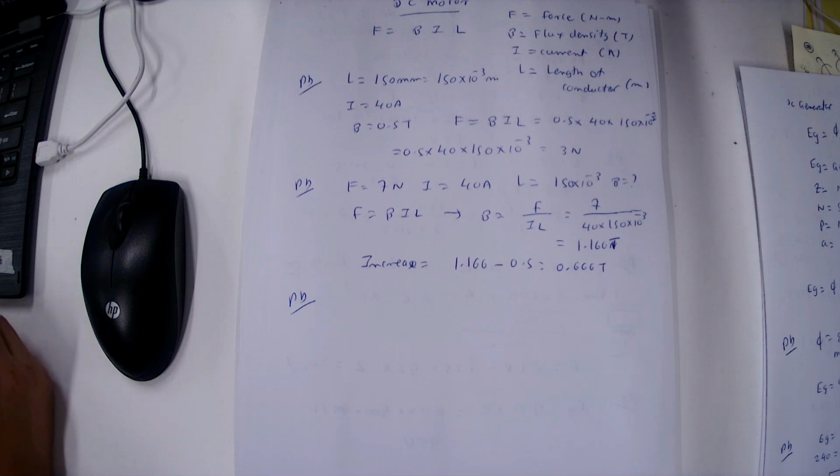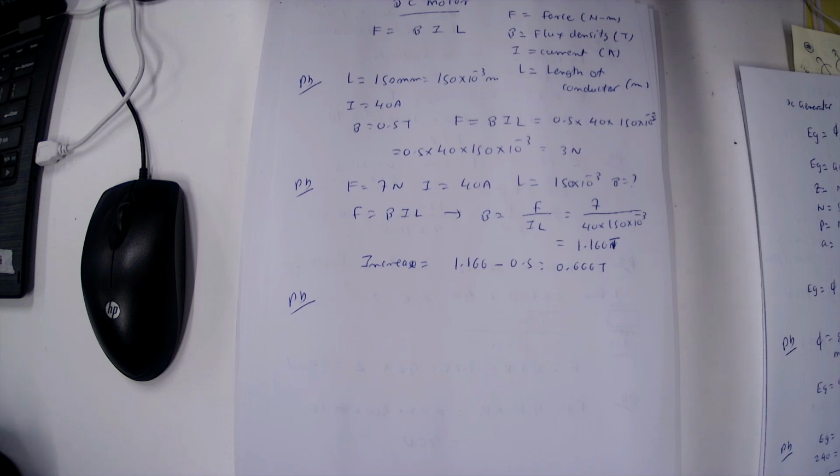The next problem. The armature has a radius of 125 millimeter. Conductor length is 150 millimeter. Under the field, the flux density is 0.4 Tesla. Armature current is 100 ampere. We have to calculate the force acting on the conductor, and also we need to calculate the torque.